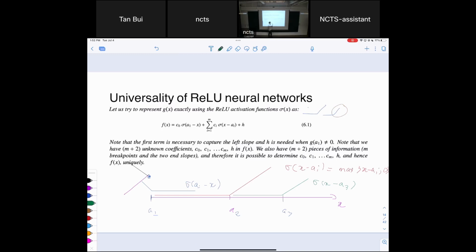So the rest is 0. The only one that's non-zero is sigma of x minus a1, because it looks like this. When you evaluate this at a2, it is going to be something like that big.